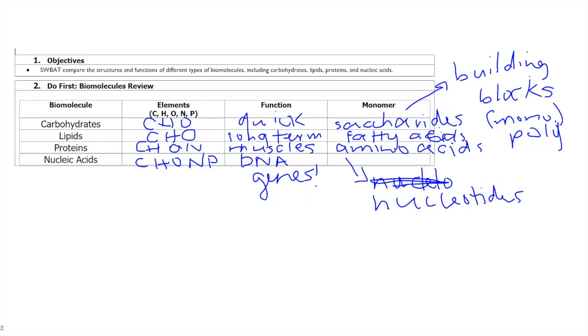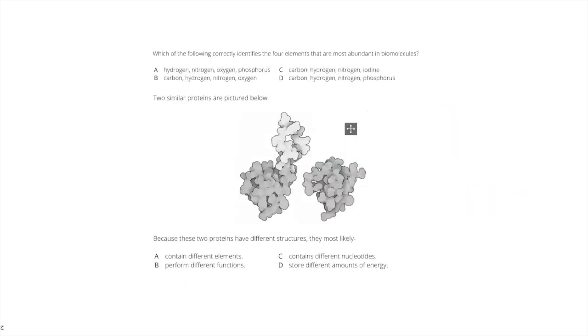Okay, perfect. Now let's move on to our most frequently missed STAR questions. Starting with number 1, it says, which of the following correctly identifies the 4 elements that are most abundant in biomolecules? Remember, our elements are going to be the CHOMP. Those are our 5 to choose from, so now we have to pick the 4 most abundant. The word abundant, I want everyone to write this in their notes.